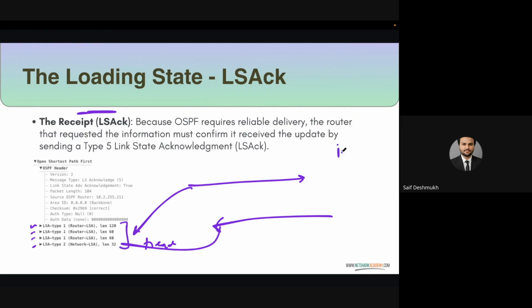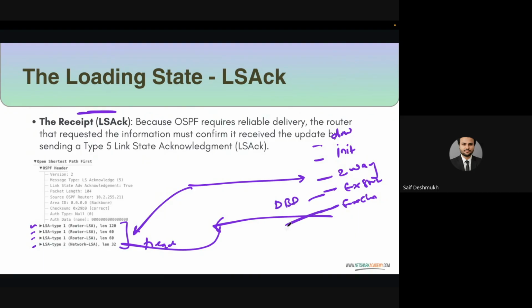I'm only talking about the Ethernet type of network. We're not going to see the legacy networks. There is one more state there, which I don't even remember. But down to init, we have two-way. We have ExStart. Then we have Exchange. In ExStart, we exchange the DBD, master and slave.